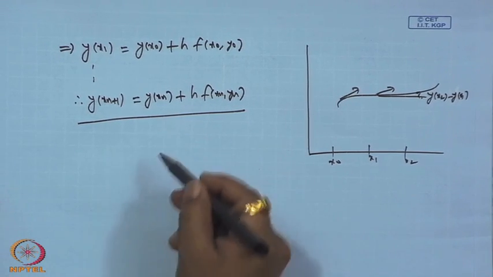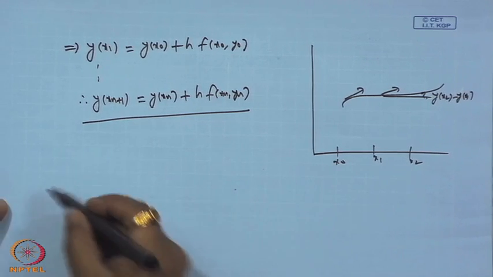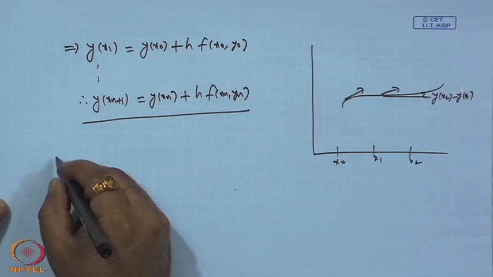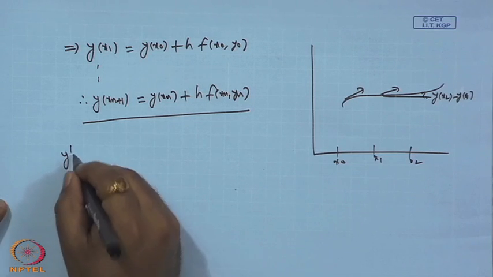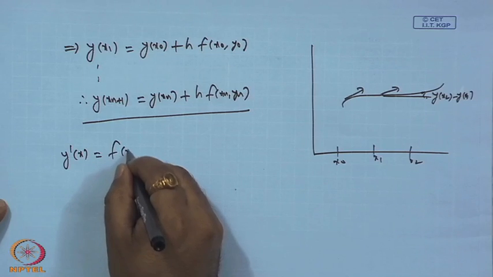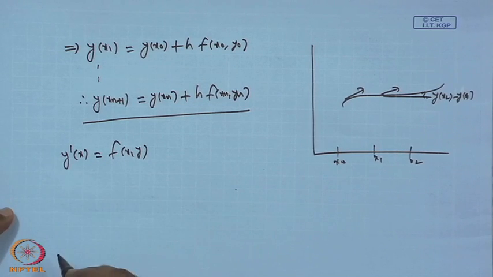So, what exactly is happening numerically? So, this is geometric. So, you consider y dash of x equals f of x, y.